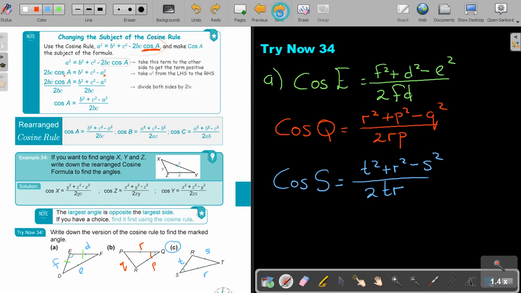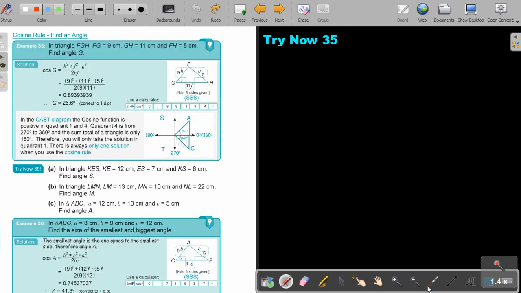Okay, let's look at an example. In this case, I gave you the 3 sides, and I want to find g. So it will be h squared plus f squared minus g squared, divided by 2hf. Luckily, you don't have to worry about the cross diagram, because triangles only have angles that sum to 180.